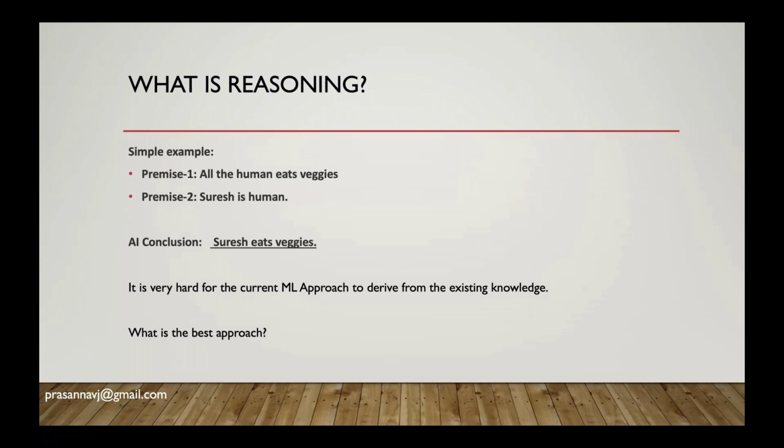So this current approach of ML does not do much reasoning as such, but it tries to come up with the best approach for the problem that you are trying to address.